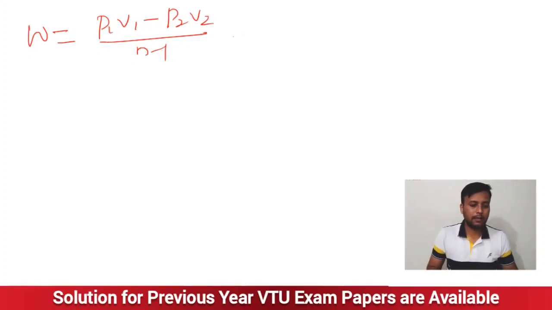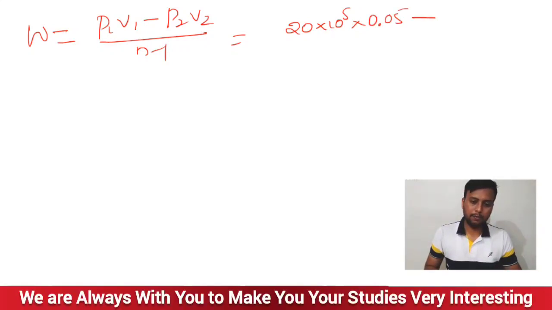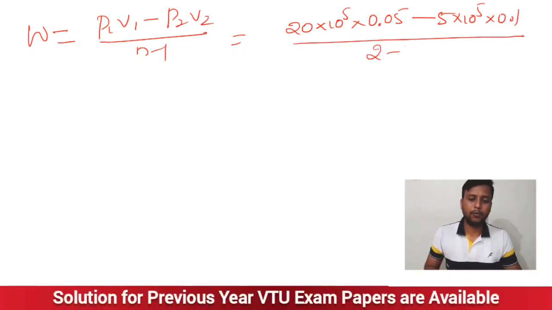The P1 value is 20 into 10 raised to 5, times 0.05, minus the P2 value, 5 into 10 raised to 5, times 0.1, whole divided by 2 minus 1. So the work done for 1 to 2 during the process will be 50 kilojoules.